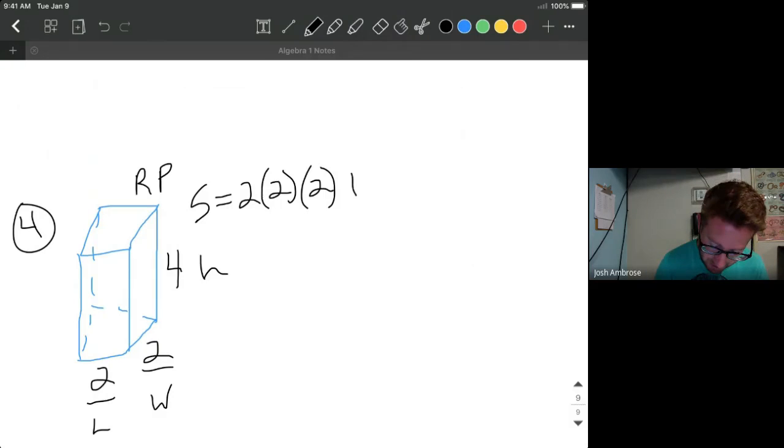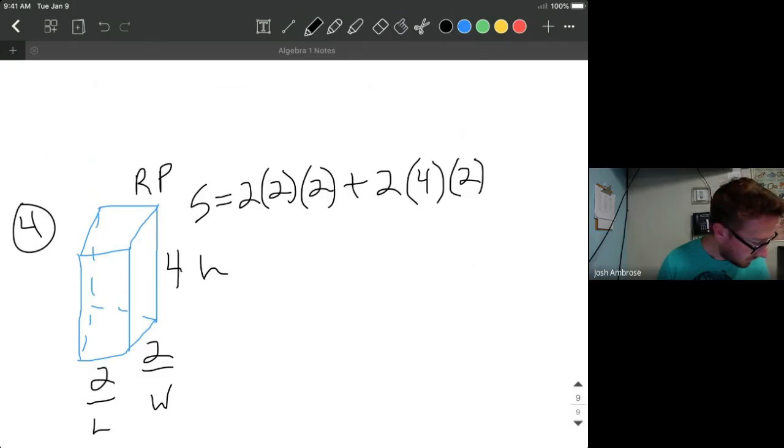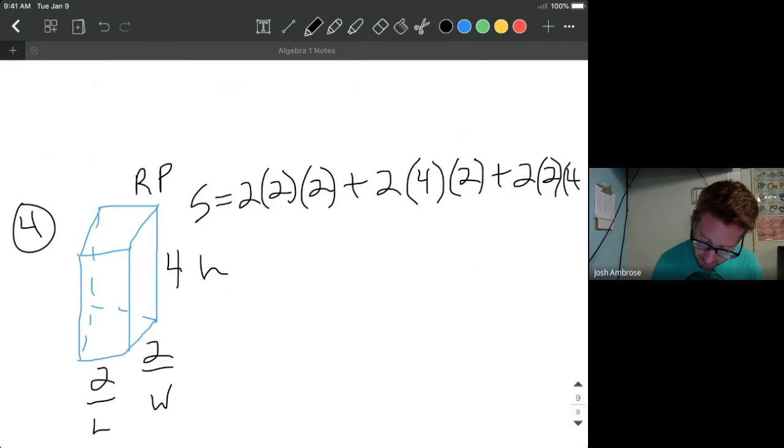Okay, we're going to add that to 2 multiplied by h. What is h? That is 4. Multiplied by w. What is w for us? It's 2. And then we need to add that. There's another 2. What is our L? Our L is 2. And our H, remember, is 4.